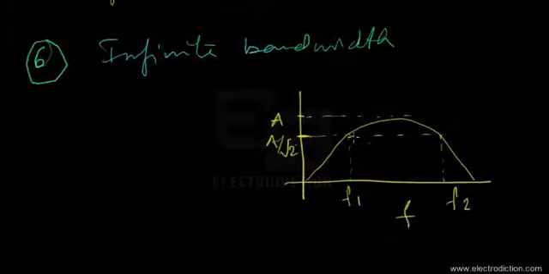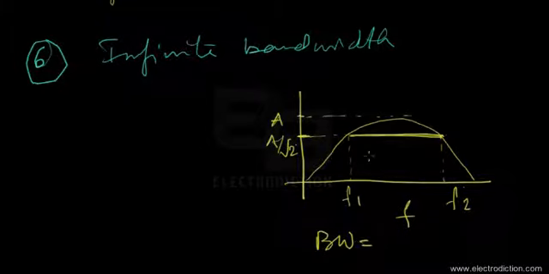Okay, so at these points, basically what happens is that the gain remains fixed within this region. In between these two frequencies, f1 and f2, the gain of the amplifier remains fixed, sorry for my mistake there.